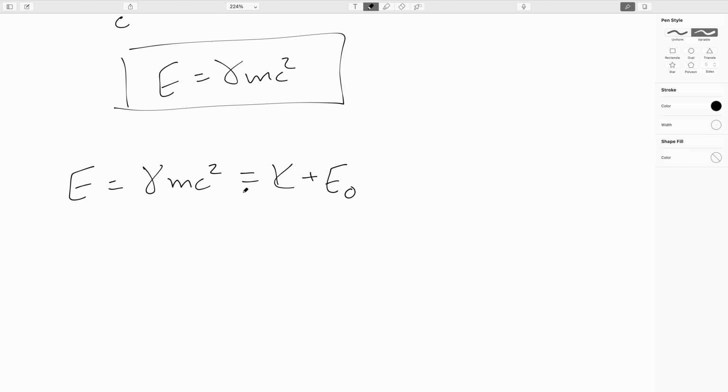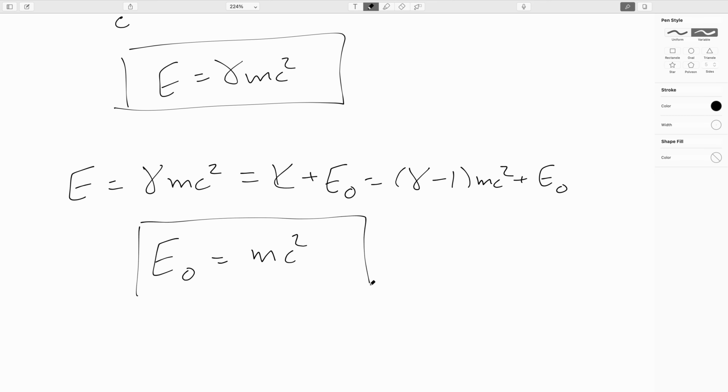This is just our constant. Because if I put in u equals 0, gamma is equal to 1, and that means the kinetic energy is 0. So just following that thought through, gamma minus 1 mc squared plus E naught. This means that the energy that a particle has when it's at rest is equal to mc squared. And this is what we call the rest energy of the particle.